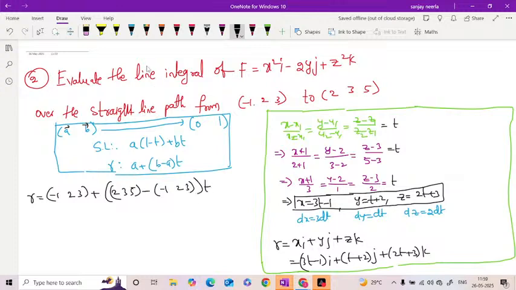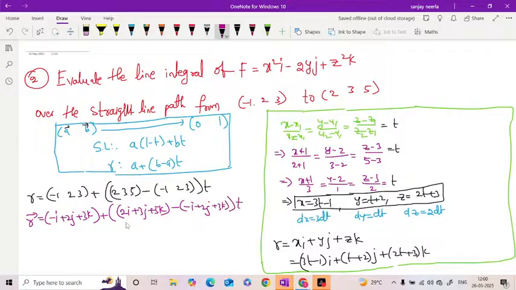But anyway we will write it in the vector structure. So r is equal to minus i plus 2j plus 3k, the first vector, plus the second vector, 2i plus 3j plus 5k, minus of minus i plus 2j plus 3k, into t.